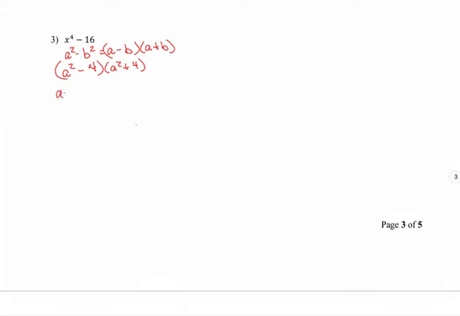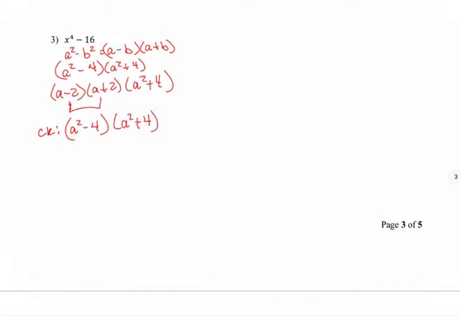So that's a minus 2 times a plus 2 times a squared plus 4. Now to check this, when I multiply these two together, I'm going to get a squared minus 4 times a squared plus 4. Yikes, miscopied. So then when I multiply these two together, I know I'm going to get a to the 4th minus 16. Okay, so it all checks out.